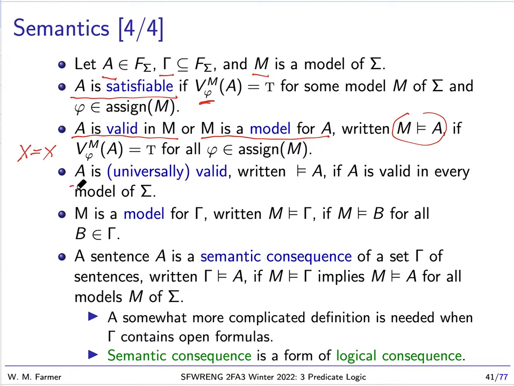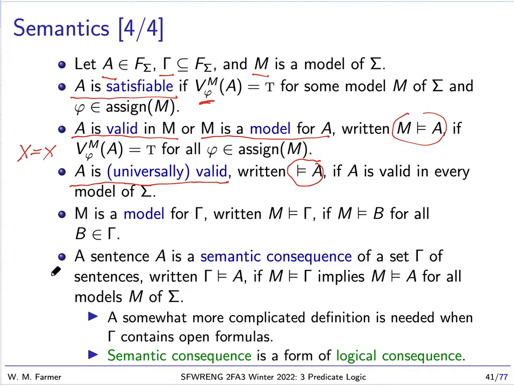And then there's another notion called universally valid, or sometimes people just call it valid, which we write like this. And that means it's valid in every model. So something that's universally valid is something that's going to be true in every situation. It is always true. Guess what? X equals x is an example of something that's universally valid.